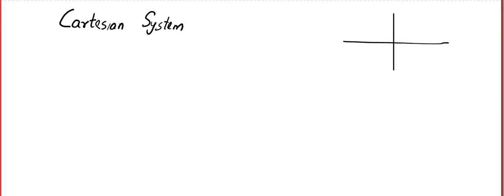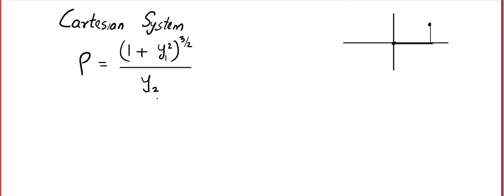Please note these things. So look at this, please mark Cartesian system. Now, Cartesian system means our regular system. That is, every coordinate will be measured with respect to the origin by measuring the distance from the x-axis and the y-axis. Of course, you know that. In Cartesian system, the radius of curvature is given by (1 plus y1 square) the whole power 3 by 2, the whole divided by y2.